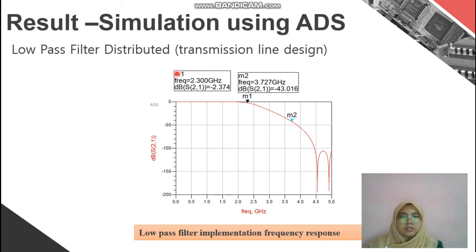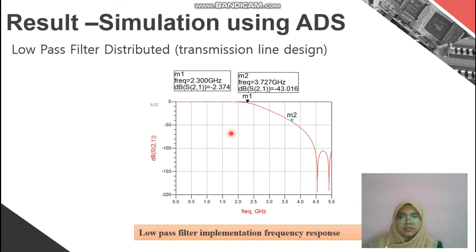In the frequency response, we get the low pass filter. There is a shape but it is not tuned, so it is almost negative 3 dB, but we get the frequency at 2.3 GHz. But the later frequency we did not get.